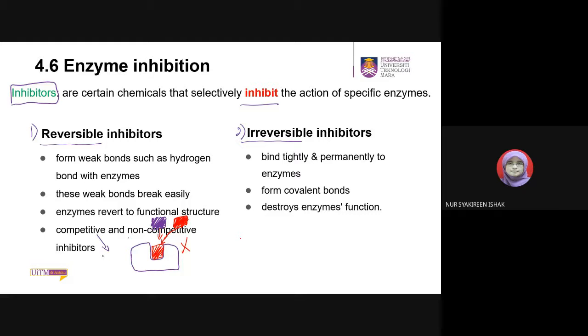As for the non-competitive inhibitors, for example, I drew the non-competitive inhibitor in a circle shape here.